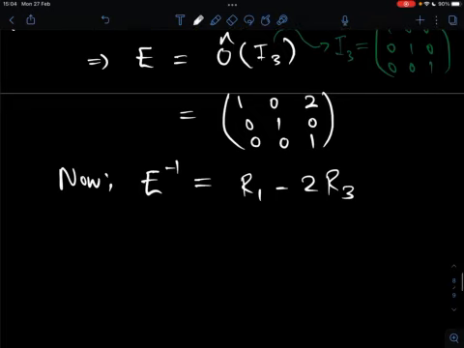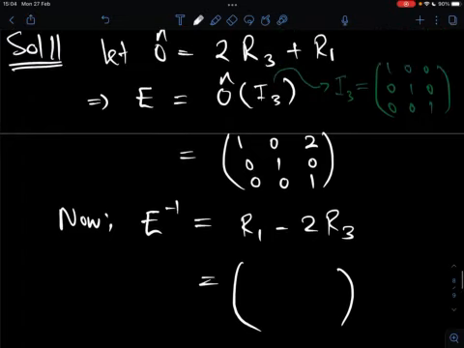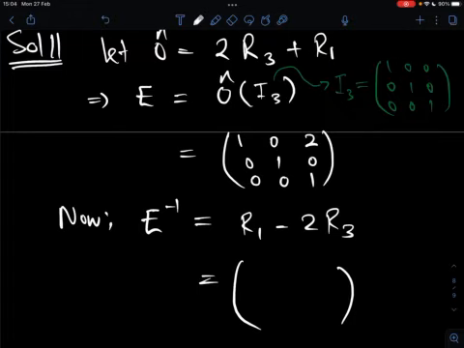So how can we create this E inverse? From row 1, I'm going to subtract 2 times row 3. So 1 subtract 2 times 0 is 1. 0 subtract 2 times 0 is 0. And 0 subtract 2 times 1 is negative 2. Everything else will remain as it is.